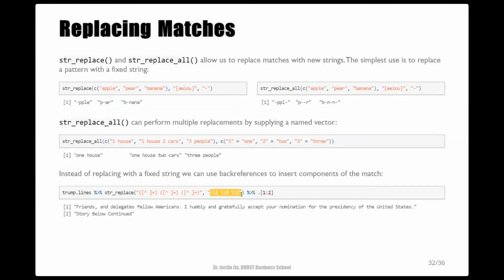As a result, it exchanges the positions of the second and third substrings of the match. Take the first line as an example. The original order is friends, delegates, and fellow Americans. Now it changes to friends and delegates. So the positions of the second and the third substrings have been exchanged.